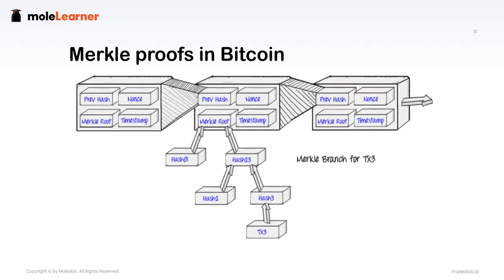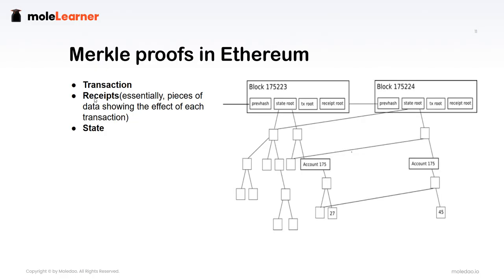Okay, so let's look at the use. In Bitcoin, there is only one Merkle root, used to verify all the transactions. In Ethereum, there are 3 Merkle roots: first is transactions, second is receipts, third is state. How do they work?